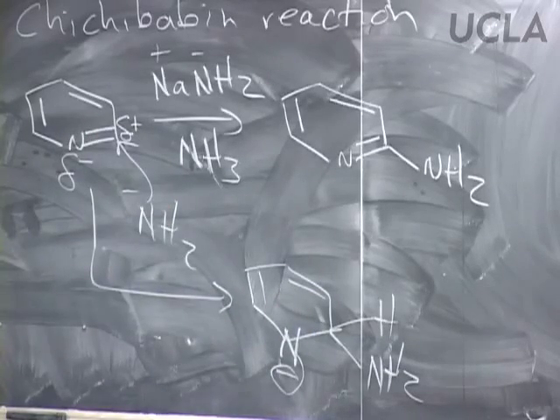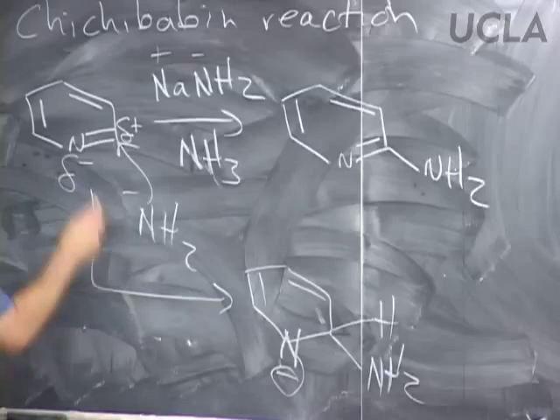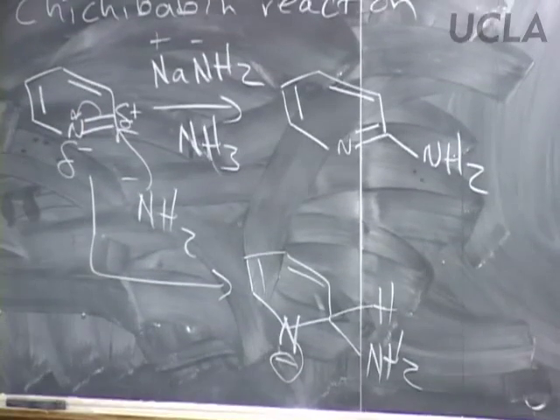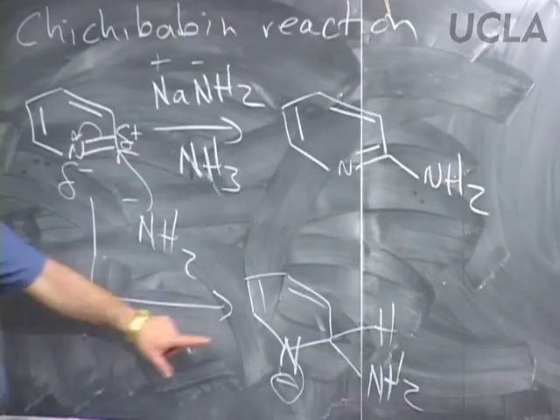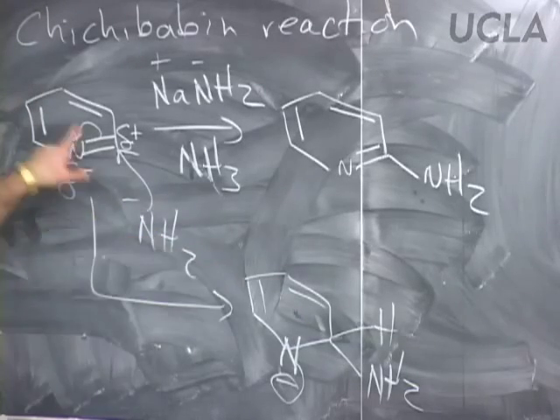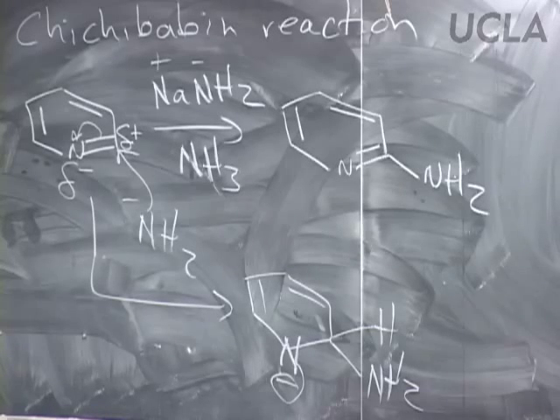So there's the intermediate that comes from the nucleophilic attack. I've taken the pi electrons and given them to the nitrogen. I'm paying another price to go from pyridine to this intermediate. What's that? Aromaticity. So this is also much more expensive to do than just adding to a carbonyl.